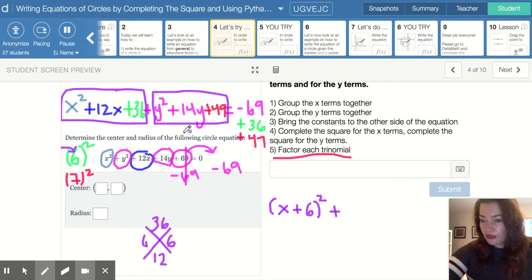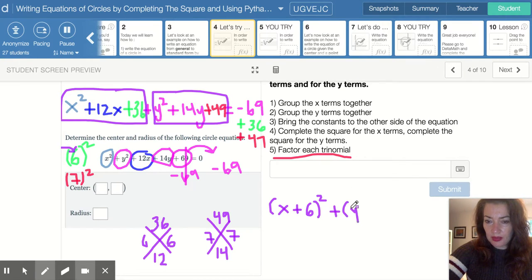How are we going to factor that? Well, two numbers that multiply and give us 49 that add up to 14, and that is 7 and 7. And it's always going to be half of your b value. So I'm going to write this as y plus 7 squared.